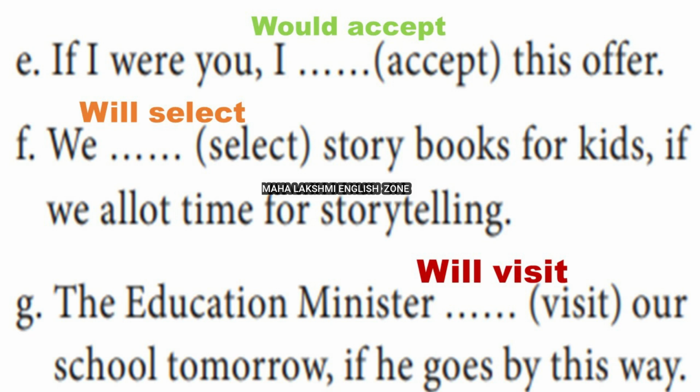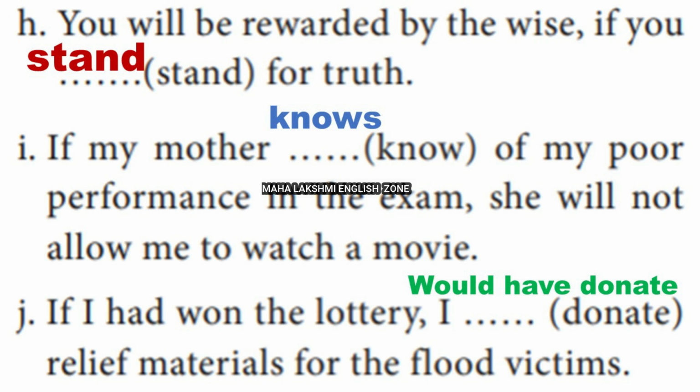Then next one, if in the if clause the verb is goes, so goes is the present form, so automatically the main clause will take the form will plus verb or won't plus verb. So our answer is will visit. Next, you will be. So the main clause takes the form will be. So automatically our if clause will take the present form. So stand is the present form of the verb stand.